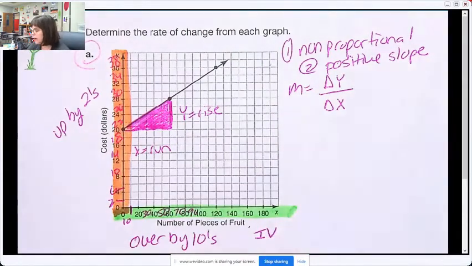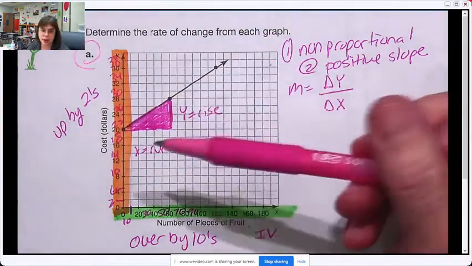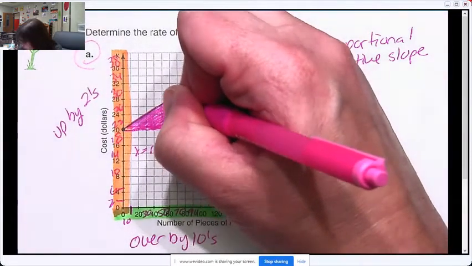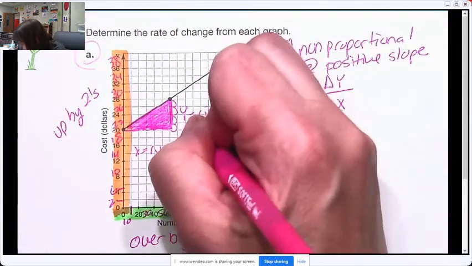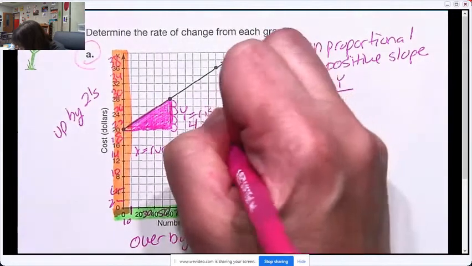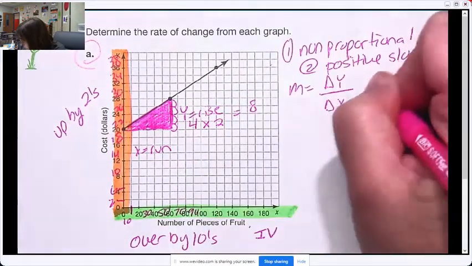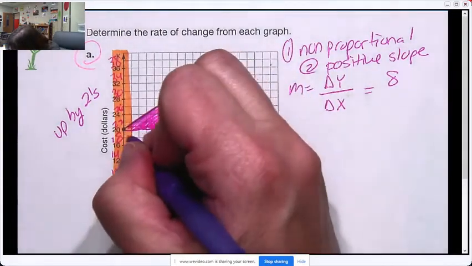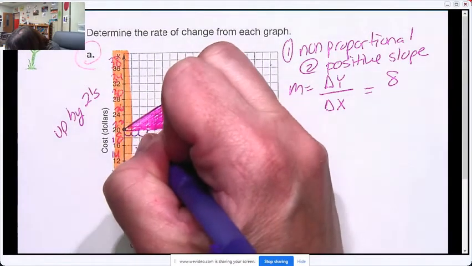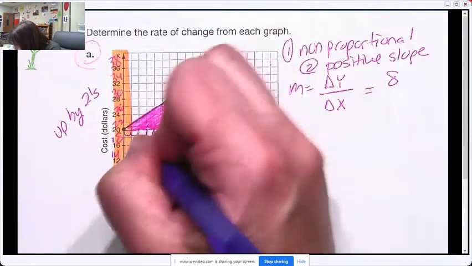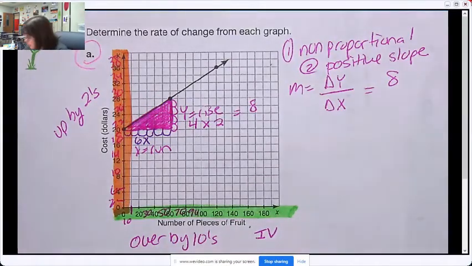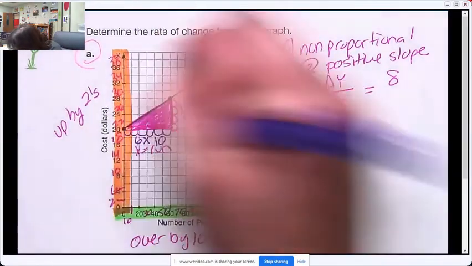All right, now I know y is going up by 2, so I just have to count by 2's. So I could say 2, 4, 6, 8. So it's 4 blocks up times 2, so that gives me 8 on top. Then I can come over to x and say that's 1, 2, 3, 4, 5, 6 blocks over. I know this is going over by 10s. So 6 times 10 is going to give me 60.